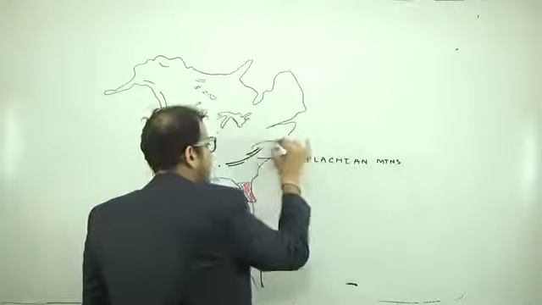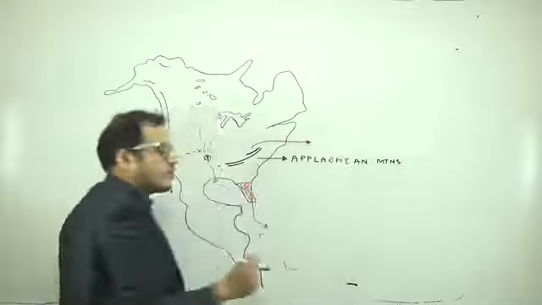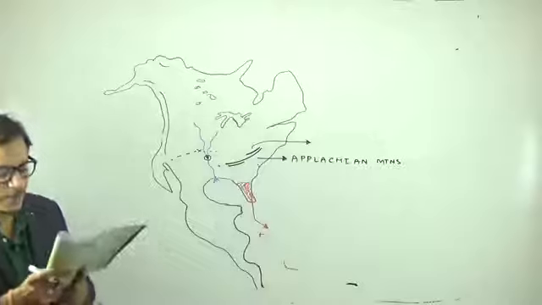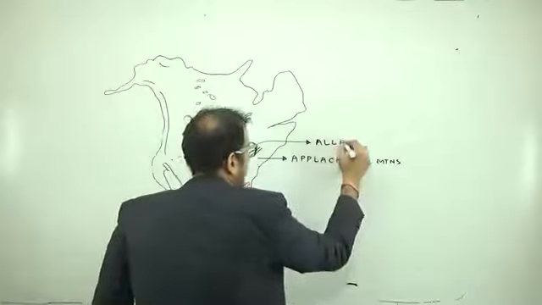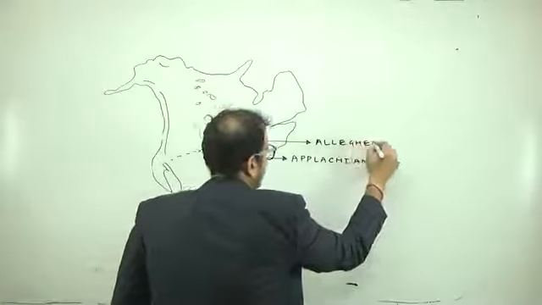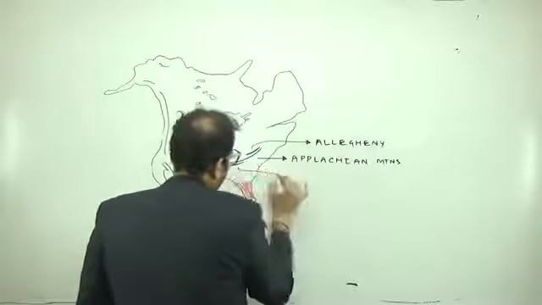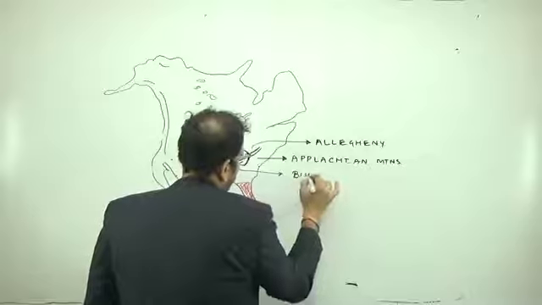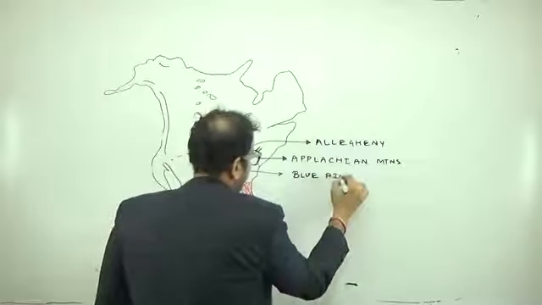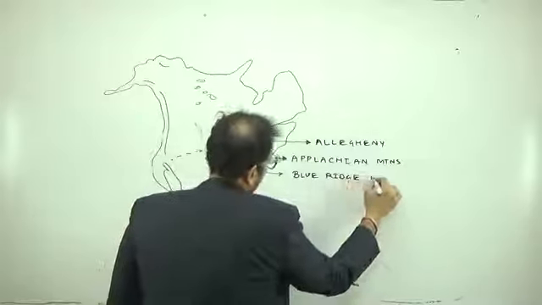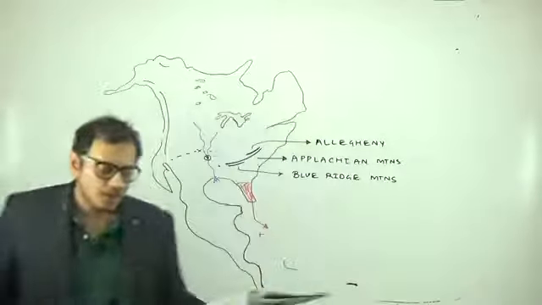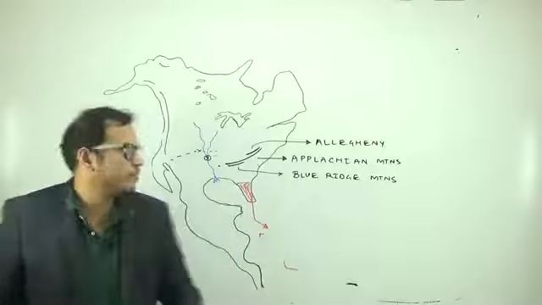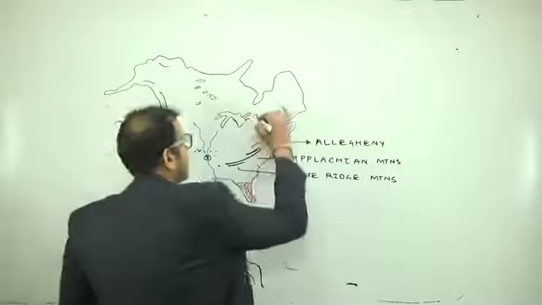This part of the Appalachian Mountains is known as the Allegheny Mountains. And this part is known as the Blue Ridge Mountains. Then, if you go up, you will find a plateau which is known as the Laurentia Plateau.